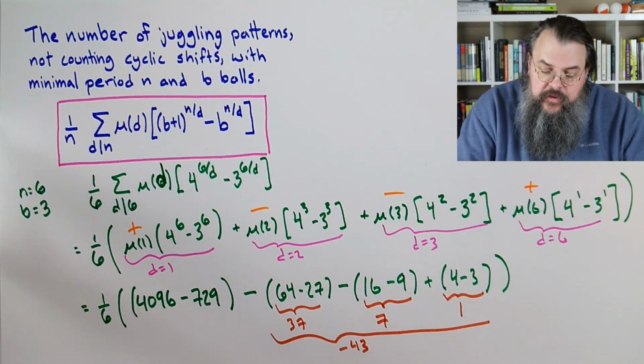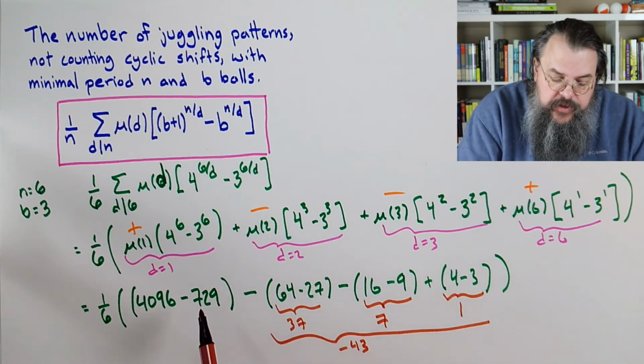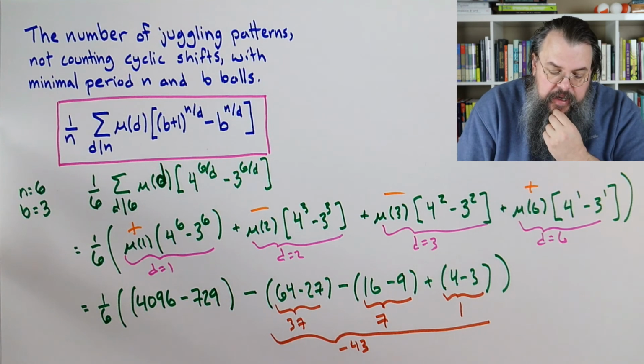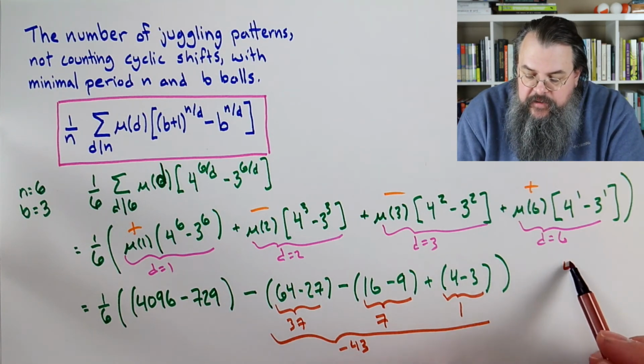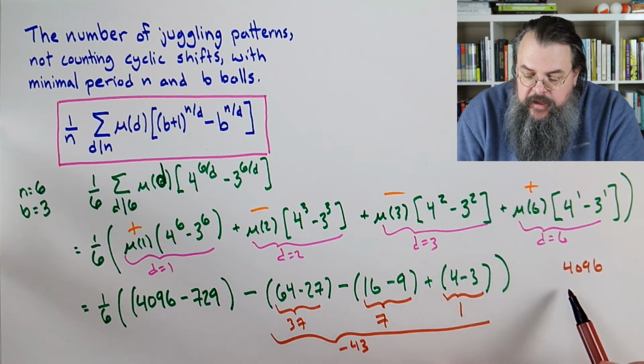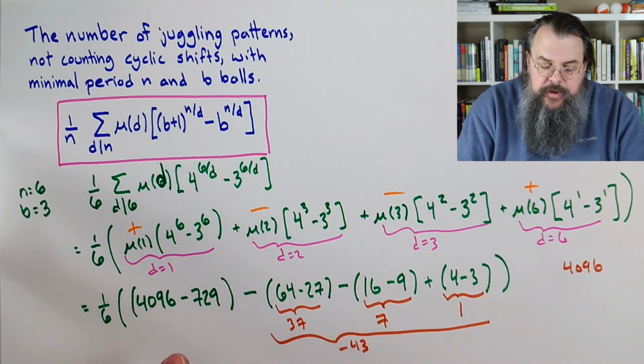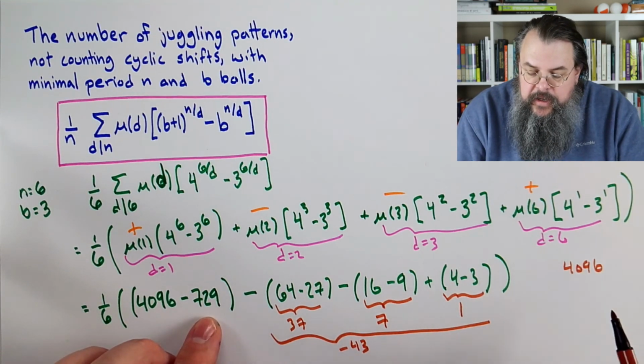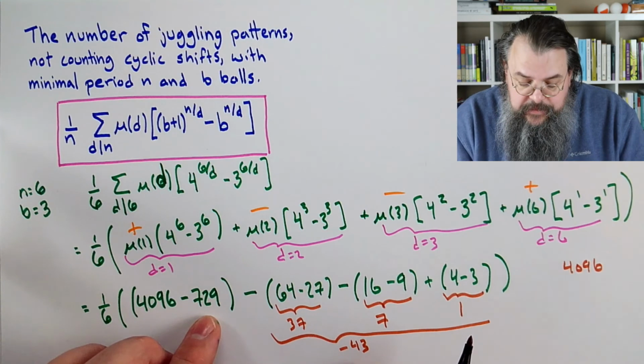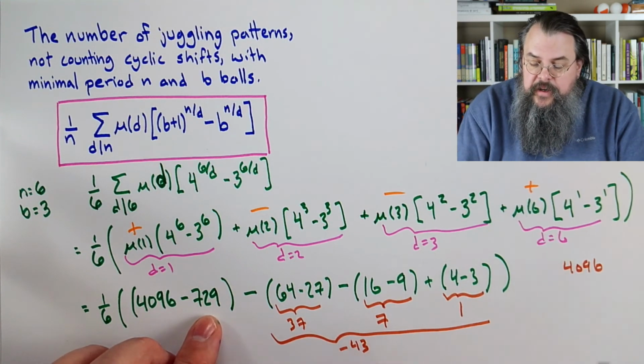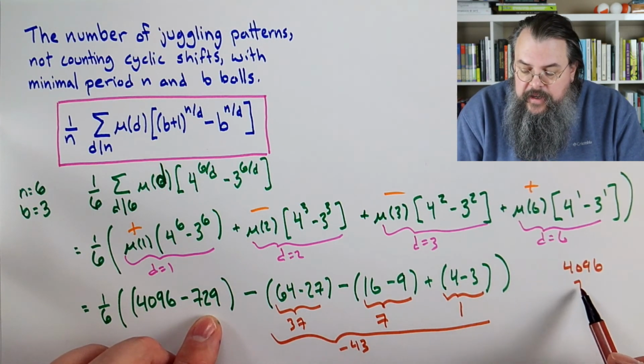All right, so there's also, of course, this 729. And so we really have 4,096. And then we're going to subtract, well, 729, but we're also going to subtract 43. Now, if you take 729 and 43 and you were to combine them together, you would get 772.